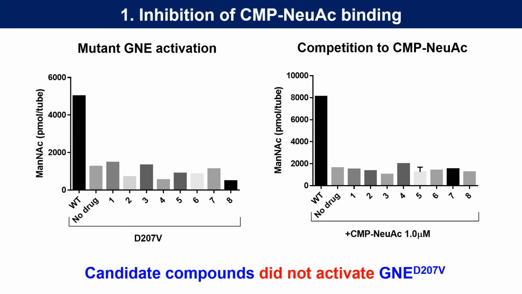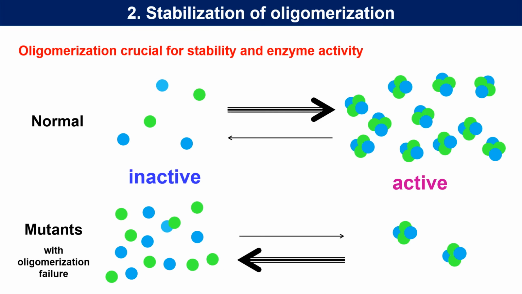I expected it would increase after adding the compounds, but regrettably we could not find any compounds that increase the ManNAc production. So no compound activated mutant GNE nor worked as a competitor of CMP-NeuAc. So we tried the other approach.